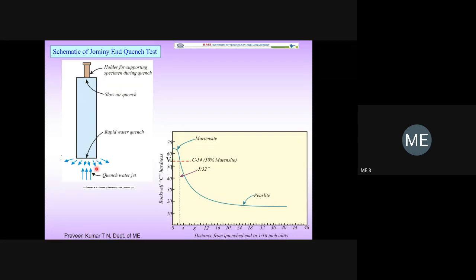Once you heat the material to the red hot condition, above the lower critical temperature, or above 727 degrees Celsius, there is one more line. What is the name of that line? 727 degrees Celsius. Is it A1? Austenite temperature.